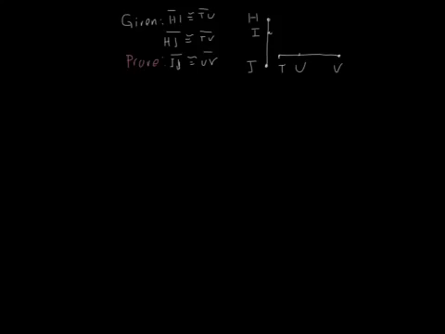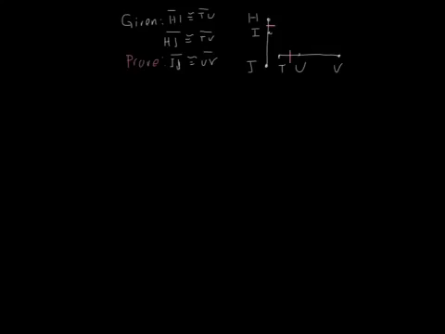Okay, let's go ahead and do one more example before I set you off on your own to try some of these out. Alright, so just like always, I'm going to look at what my given information is, and I'm going to see if I can draw anything on my picture to help me out. So I have given that HI is congruent to TU. Well, let me go to my picture, and I know HI is congruent to TU, so I'll give myself some congruent marks.